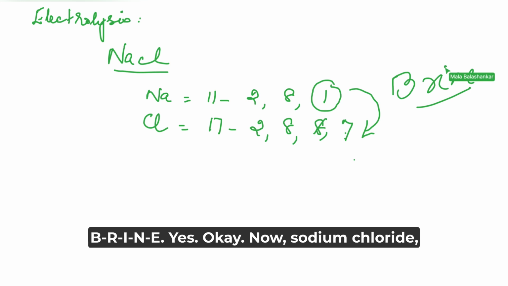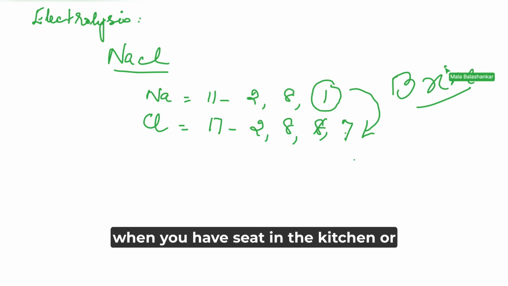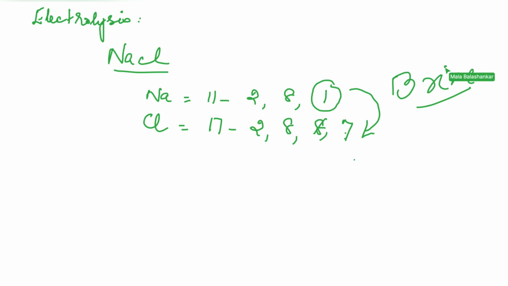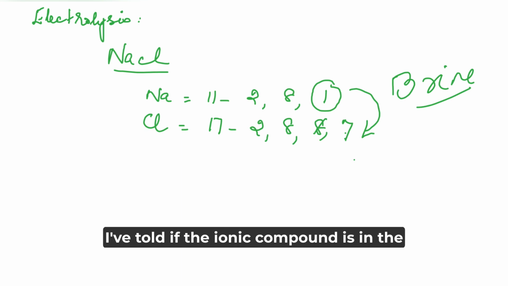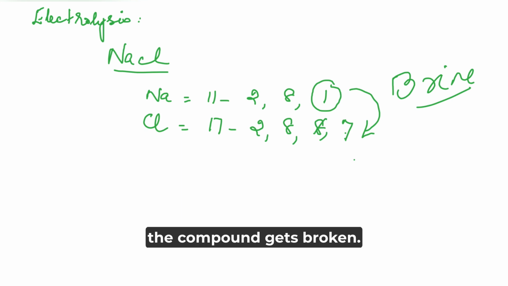Now, sodium chloride, when you see it in the kitchen or in the shop, in what state is it? Solid state. But here I've told you, if the ionic compound is in the molten state or in the aqueous state, when electricity is passed through it, the compound gets broken.